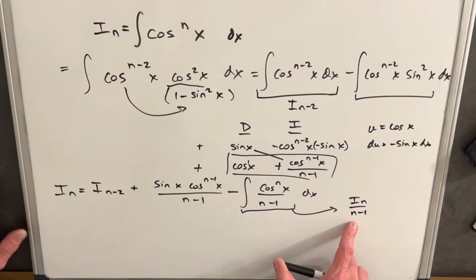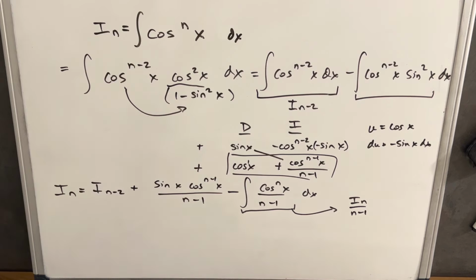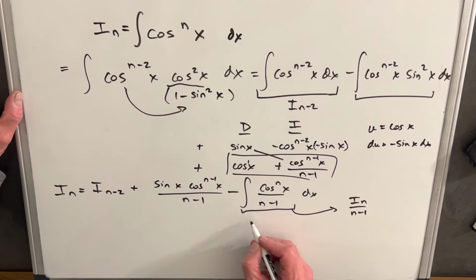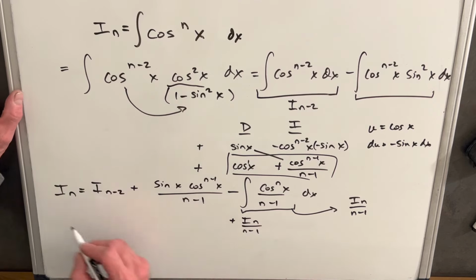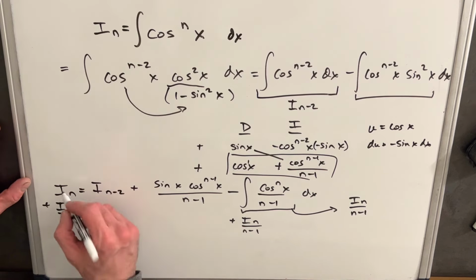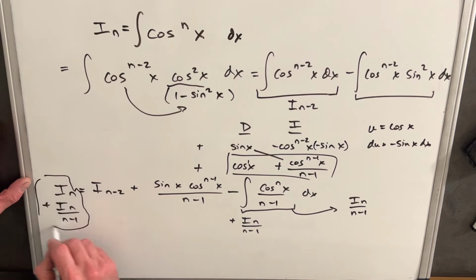Now what that's going to allow us to do is like the repeated integration by parts process, where we end up just trying to solve for the original integral, using basic algebra. Since we're subtracting this thing here, we can add the same thing. So we can write it like add I sub n over n minus 1, doing the same on both sides. Then let's look at this expression right here and see what's happening.